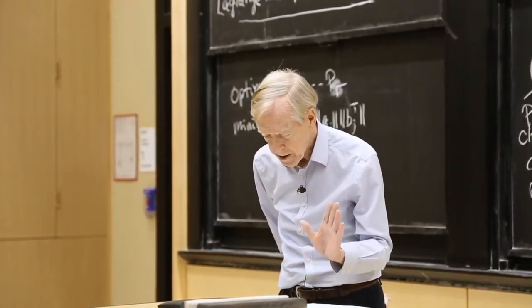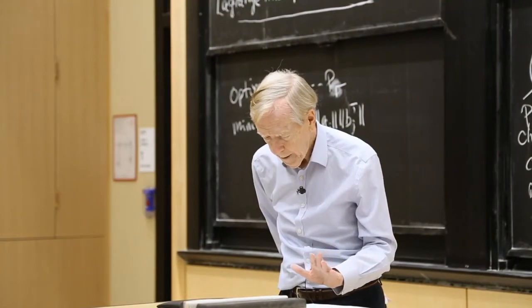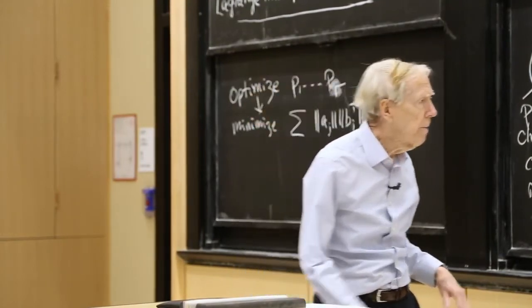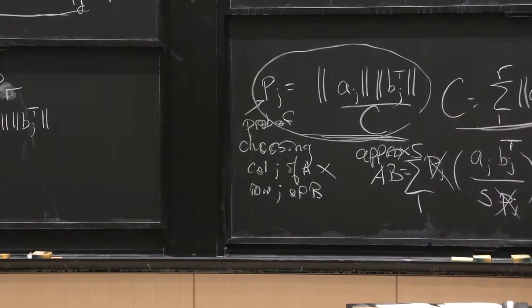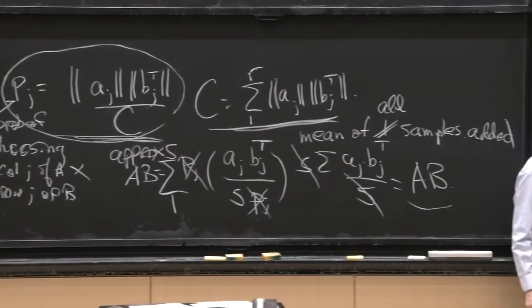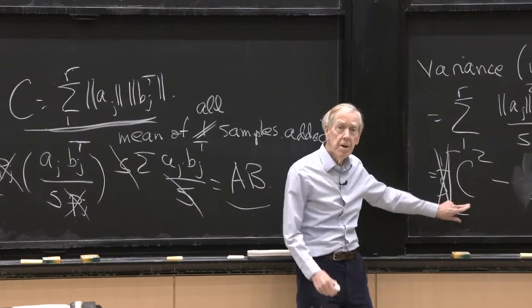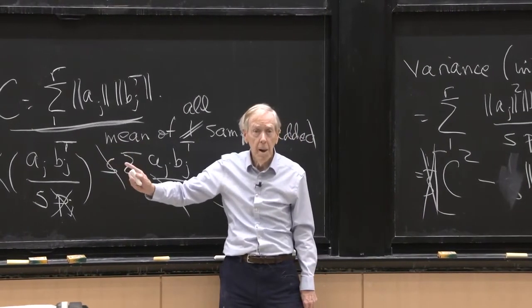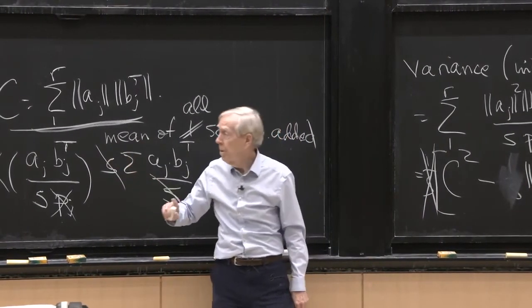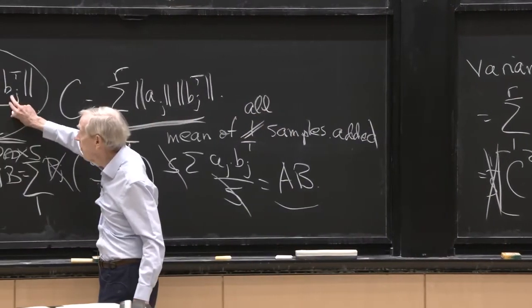Yeah, my variance has got a PJ in it. This is my variance. This is the result if I make the right choice, if I make this choice for the probabilities.